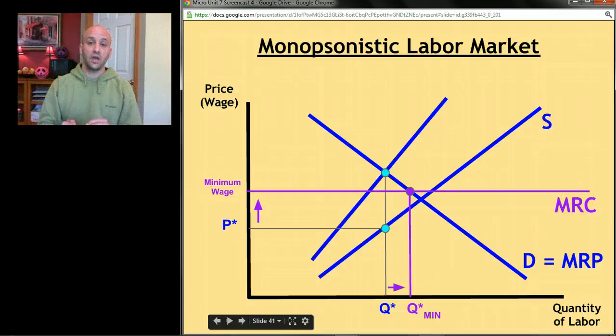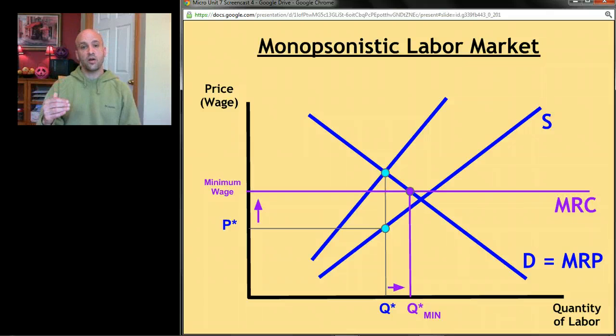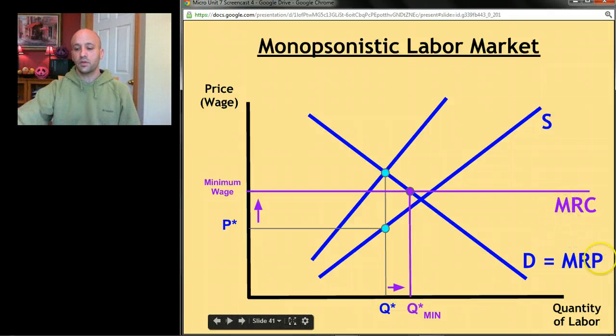Because now the government is saying you have to pay everyone this wage. And so for every worker you hire, your costs are going to be a constant additional cost, maybe $10 additionally for every worker you hire. You can't move along your supply curve anymore, essentially. So this firm is going to go where MRP is equal to MRC. And notice that that happens here at an even higher quantity.